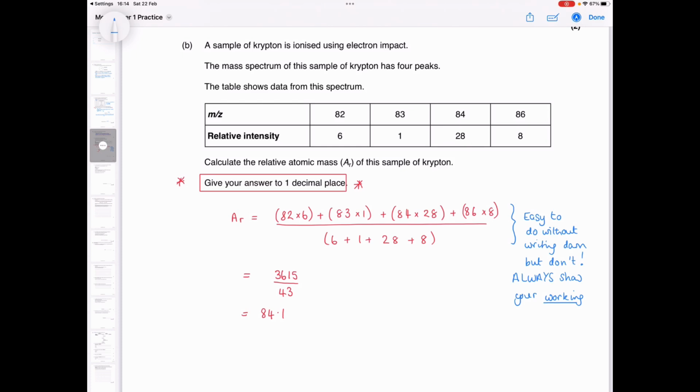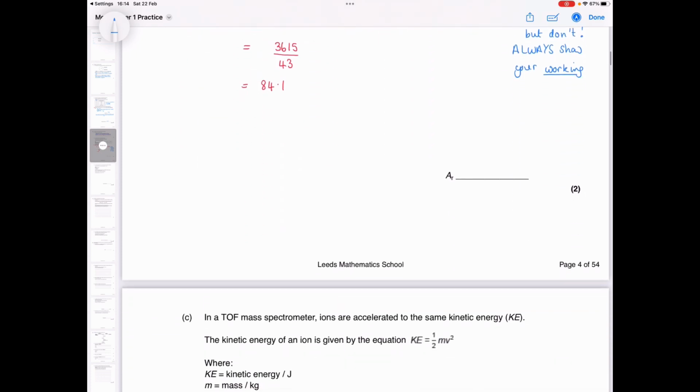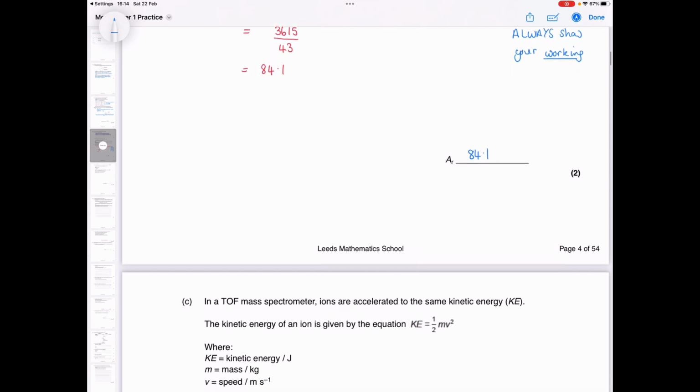So it's really important that you always give your working out, even if it looks deceptively straightforward. Let's make sure I've put my answer on the answer line to the right number of decimal places.